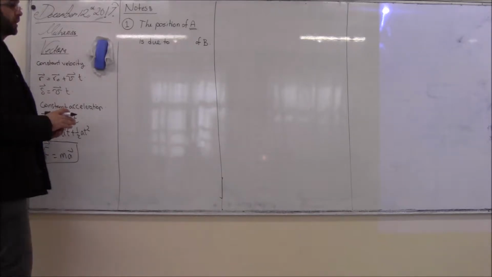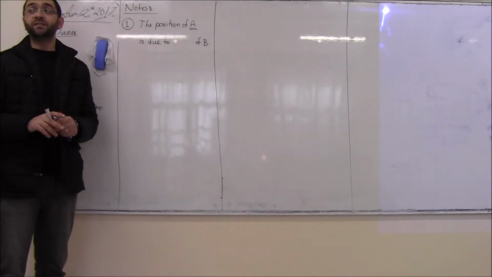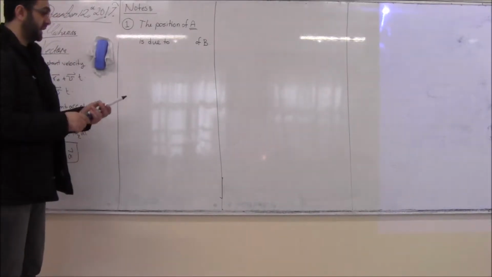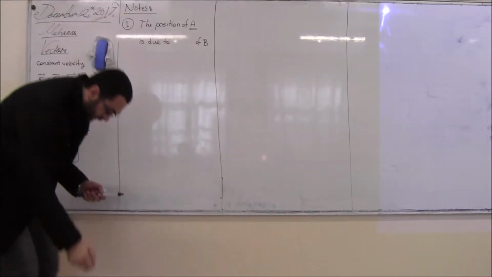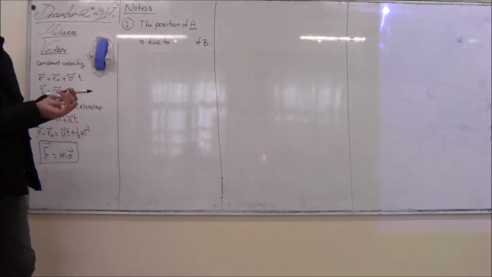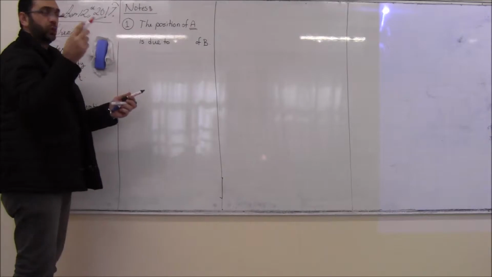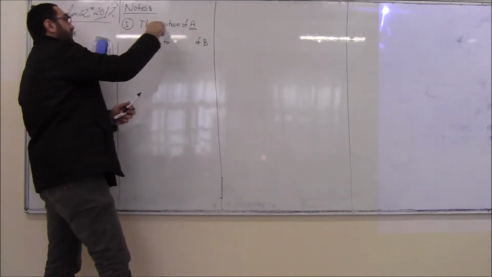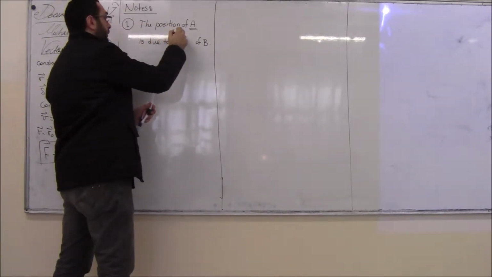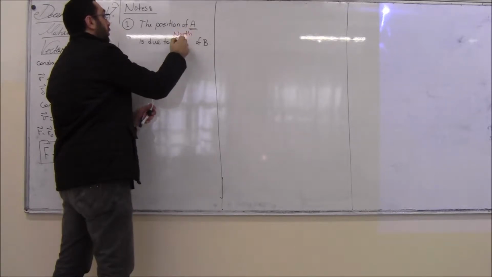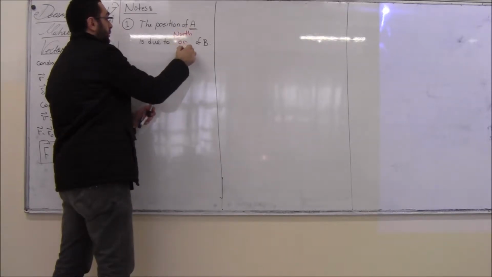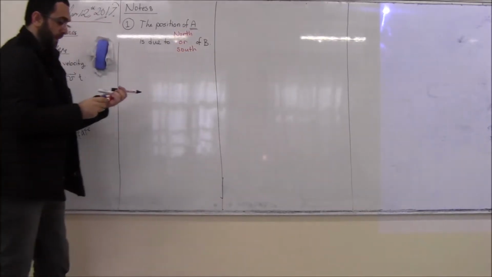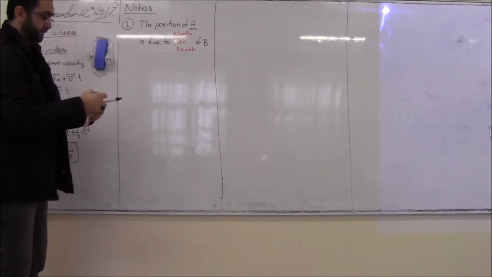About the vectors. Look here, please, guys. When it's mentioned that the position of A is due north or south of B, what does this mean?